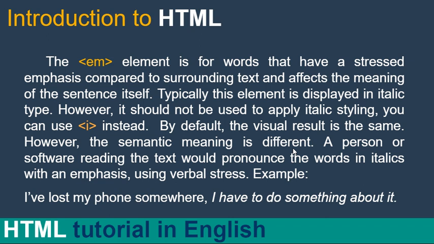A person or software reading the text would pronounce the word in italic with an emphasis, using verbal stress. For example: I have lost my phone somewhere, I have to do something about it.